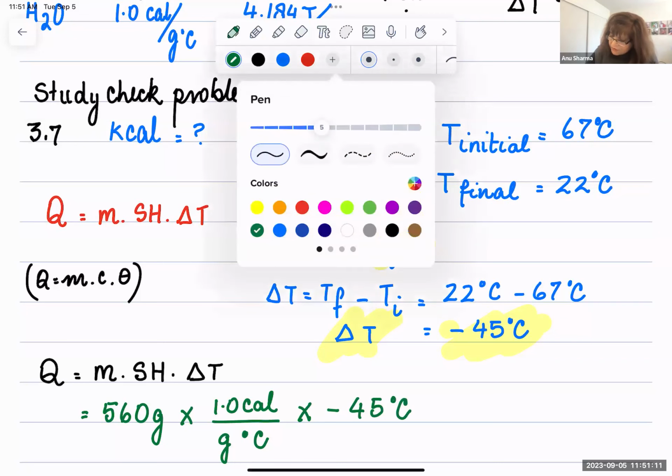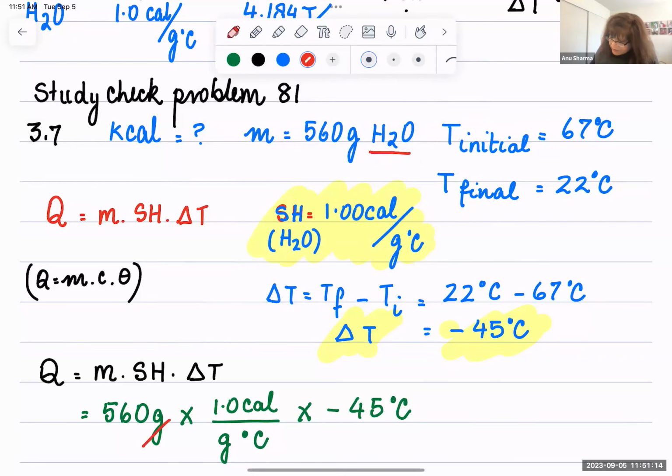Here you see the grams and grams cancel out, degrees Celsius cancel out, and you're just left with the unit of calories.